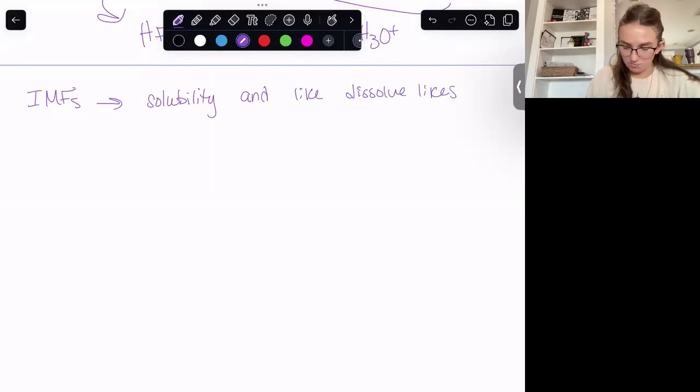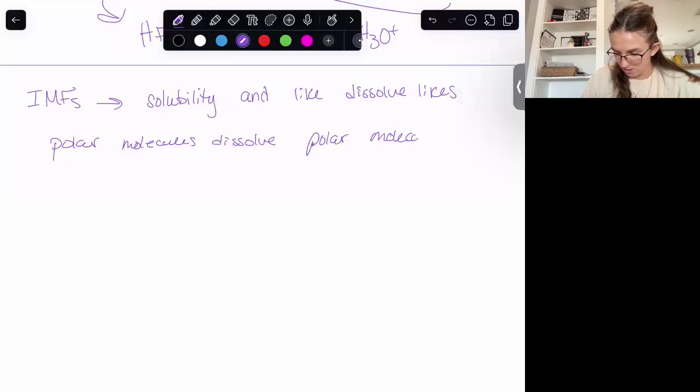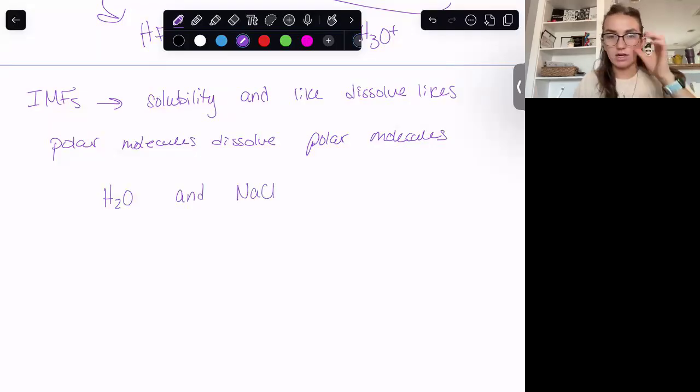Okay, so when we look at this, we need to know that polar molecules dissolve polar molecules. Right, so that's polar dissolving another polar compound. In this case, that would be like H2O and NaCl, right?